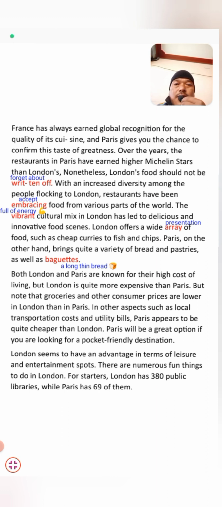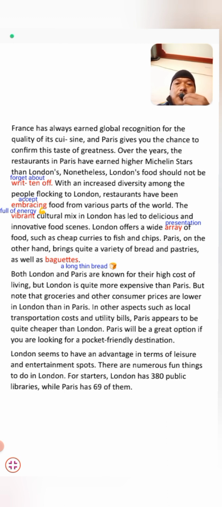They are pretty good. With increased diversity among the people flocking to London, restaurants have been embracing food from various parts of the world.